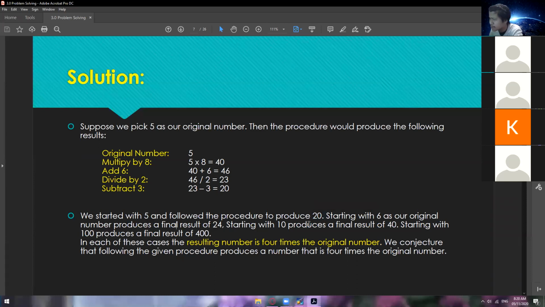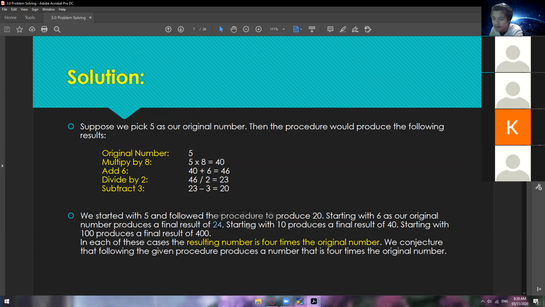So maybe it is times 4 of the original number. Let's see the second one. What about the second one? 6 and then 24. Oh, which is also the same. Dividing it by 4 will give you 6, and multiplying it by 4 will give you 24.